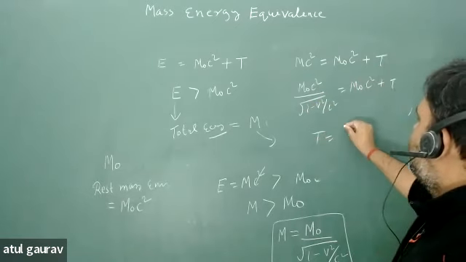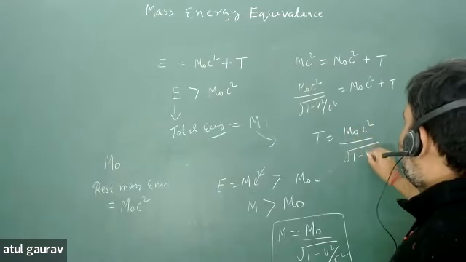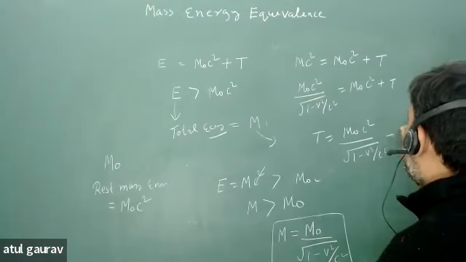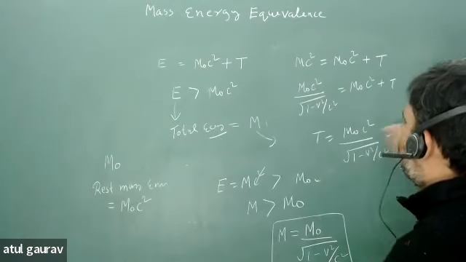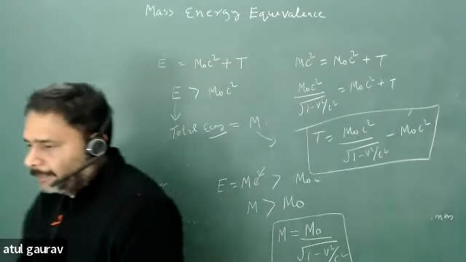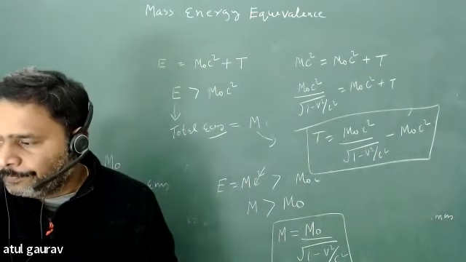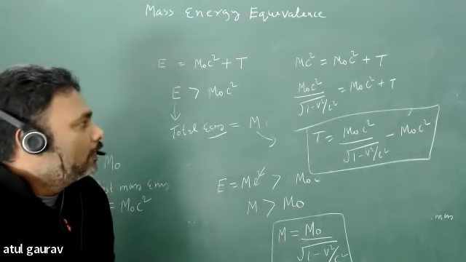This T is basically m naught c square root under 1 minus v square upon c square minus m naught c square. And this is my new definition of kinetic energy. Are you people going to understand this thing?